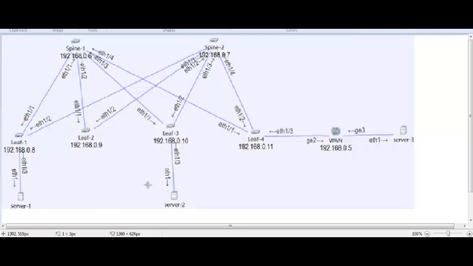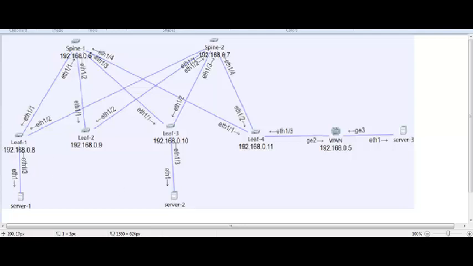So you don't need to send 10 copies of the same packet. You just send one copy to that multicast address, based on which all 10 can receive the update.